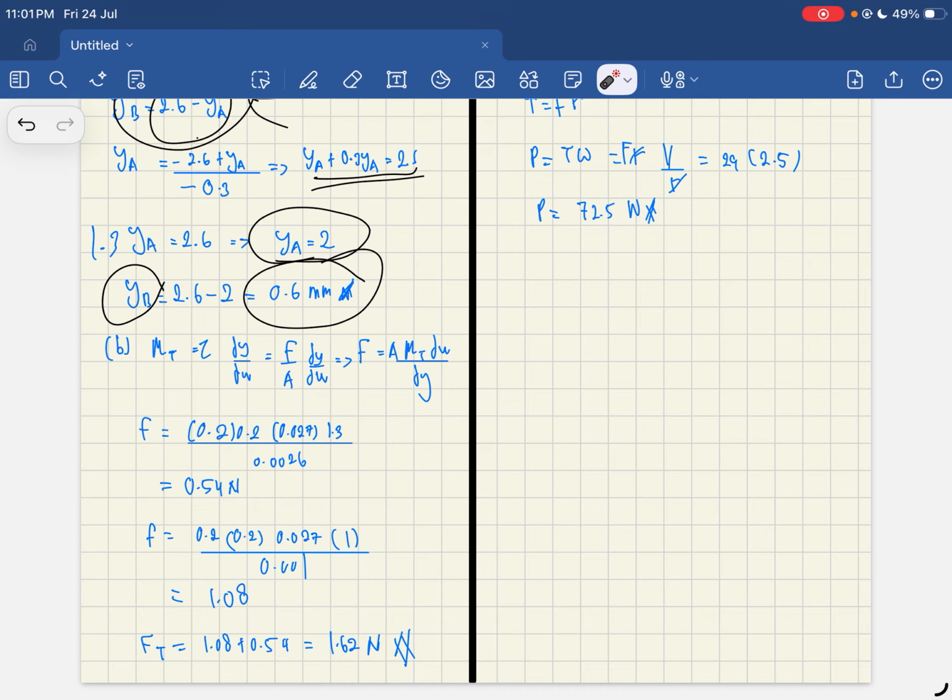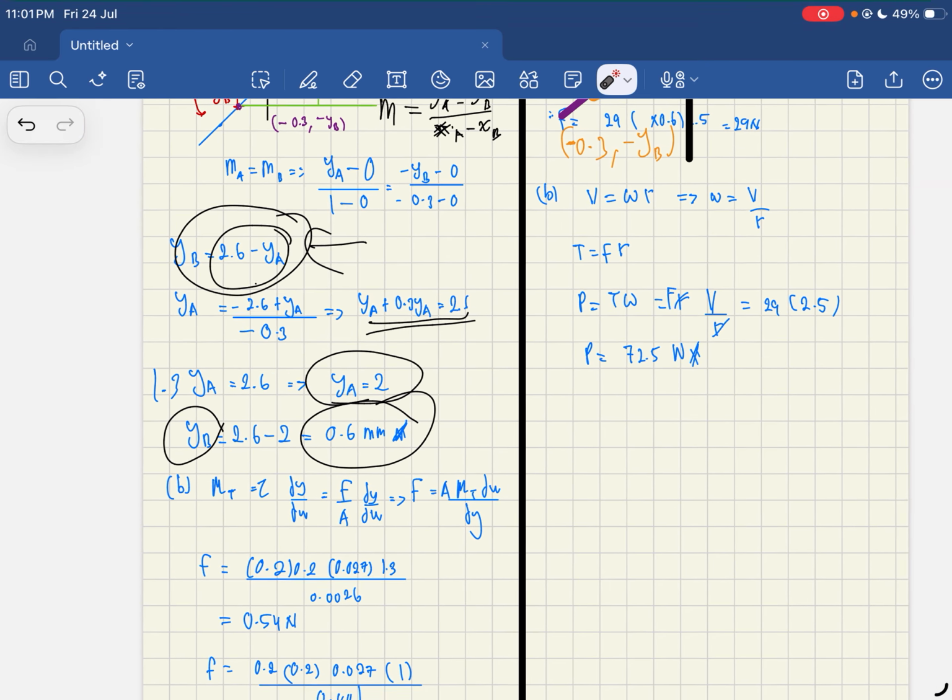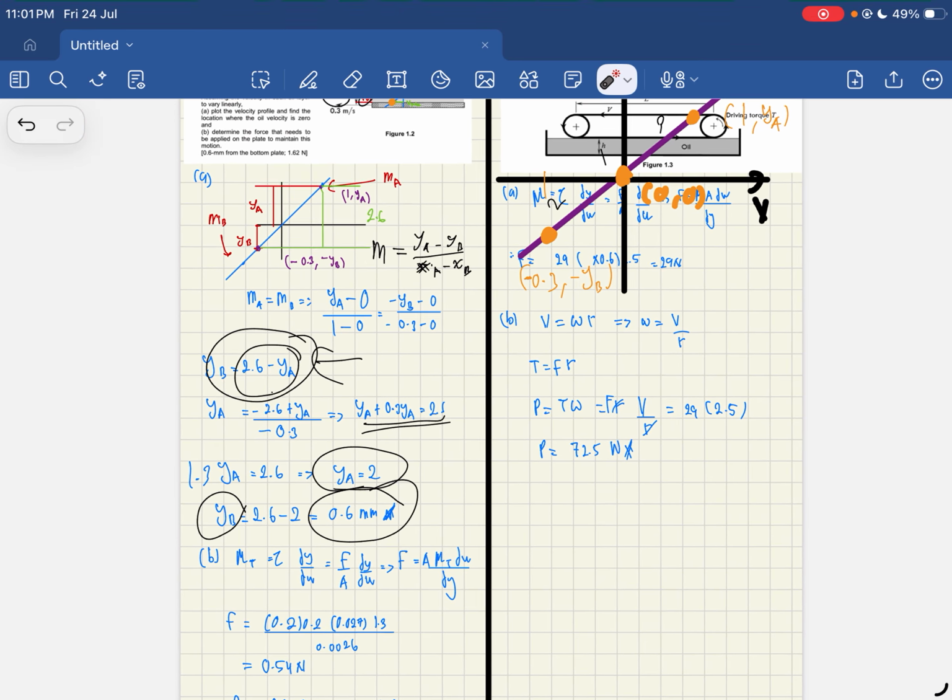So this is the solution from my lecturer. I'm just going to explain to you the explanation that I got from my lecturer, so hopefully you can understand and maybe tell me later in the comment section.